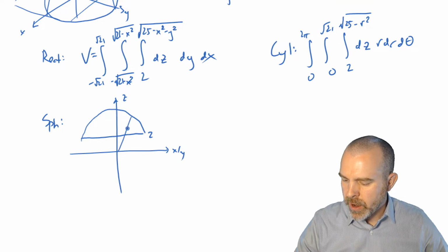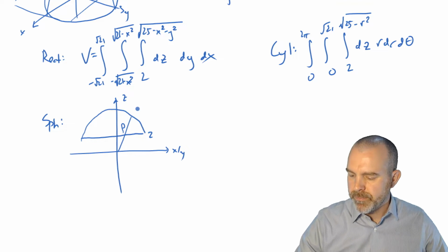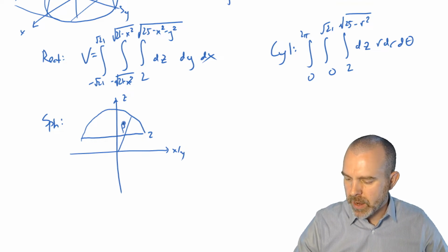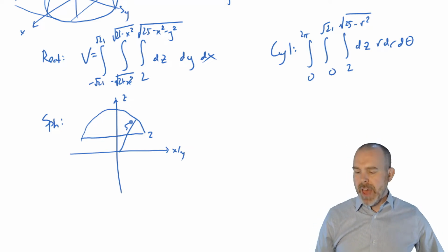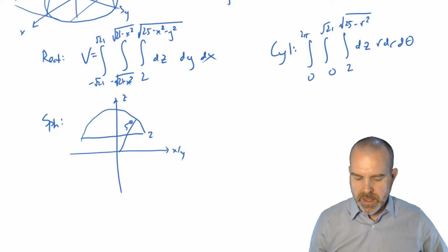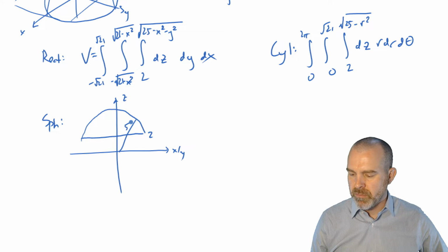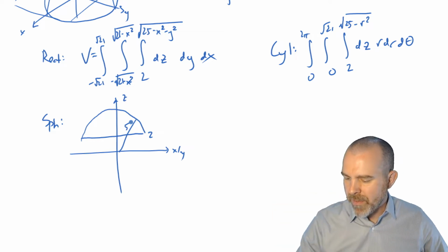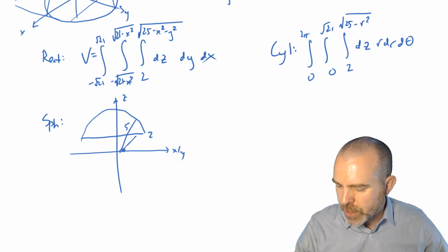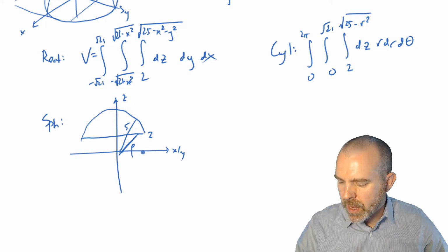This we know here is rho, and rho is just 5, that's the outer rho. We have to find some expression for this inner rho.